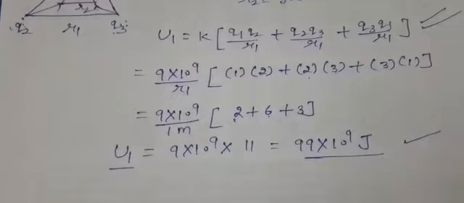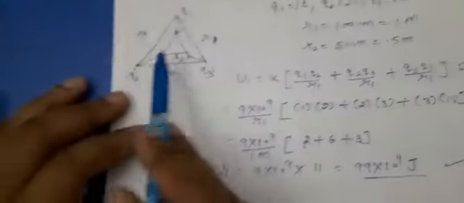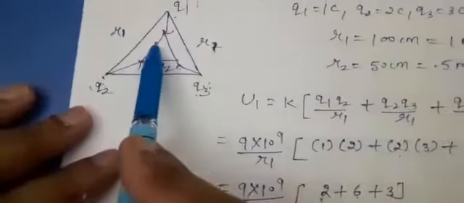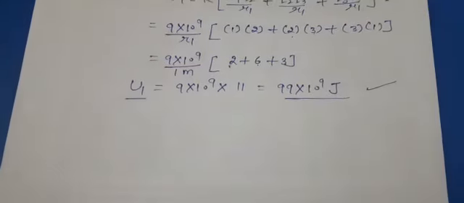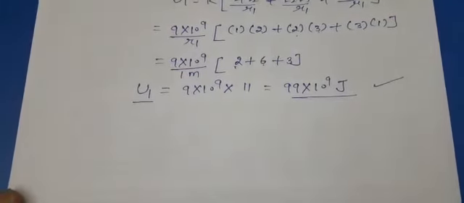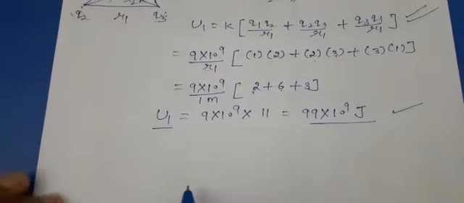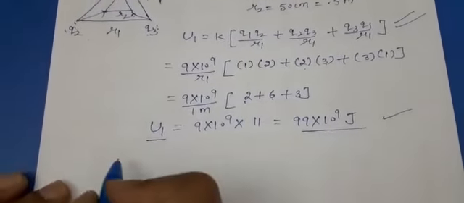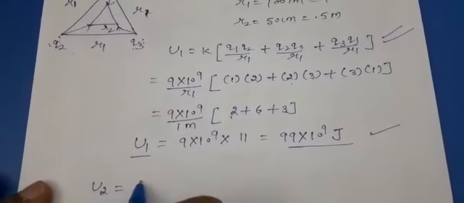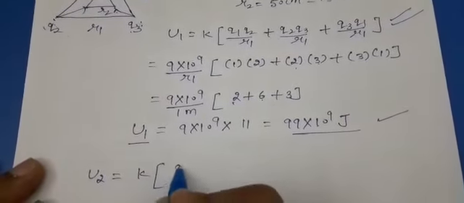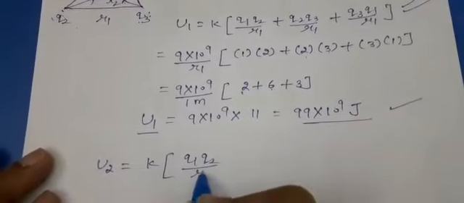Now, as the charges have to shift to the corners of a triangle of smaller side, the new potential energy, the final potential energy, will be again K Q1 Q2 by R2, since the distance is changing.